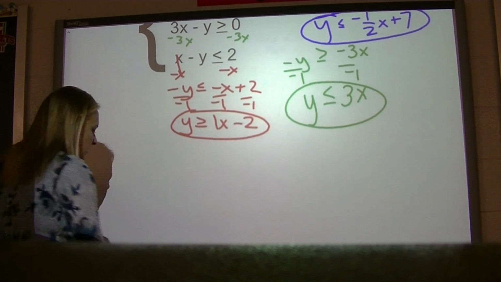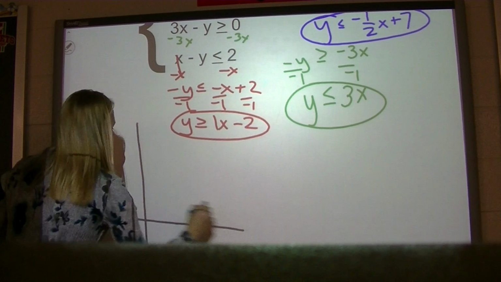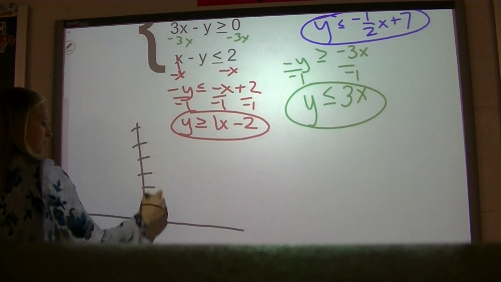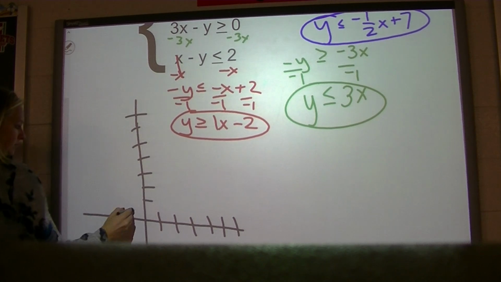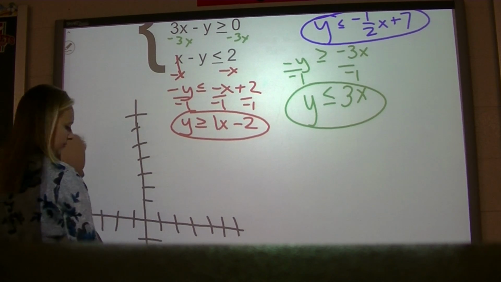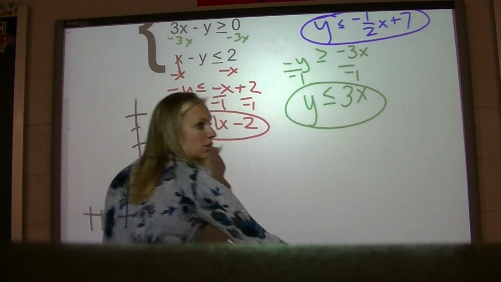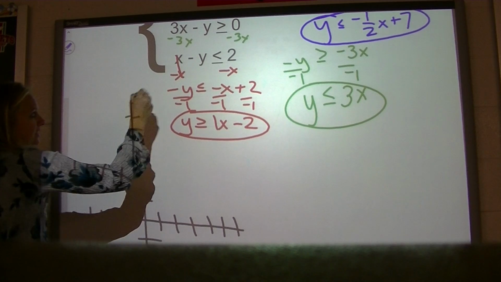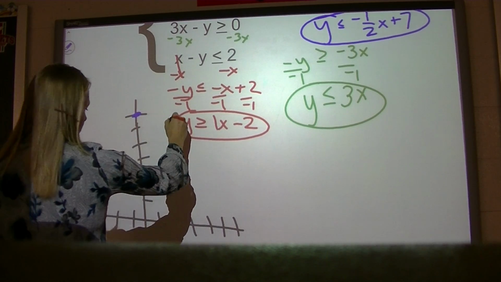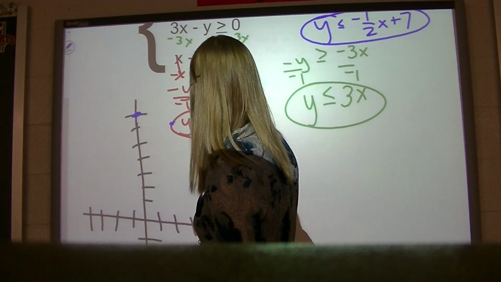So let's graph this here. Alright, so first one in blue, I'll try to color coordinate here. So I'm going to go up 7, put my dot, and I'm going to go down 1 to the right 2.